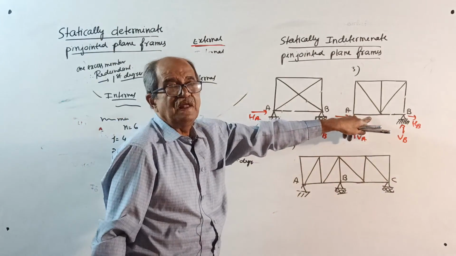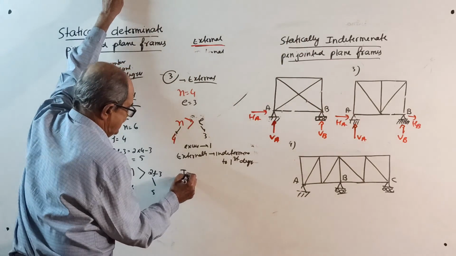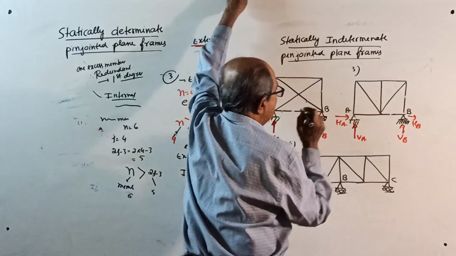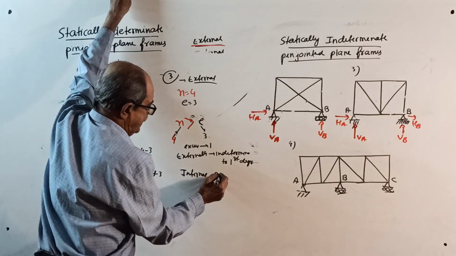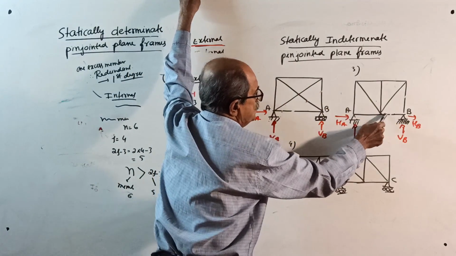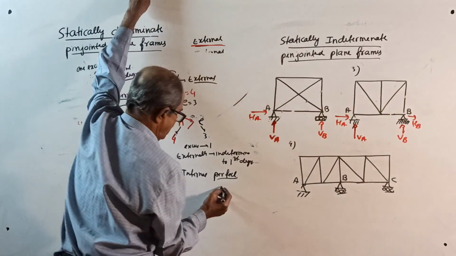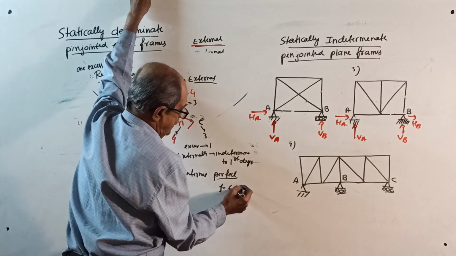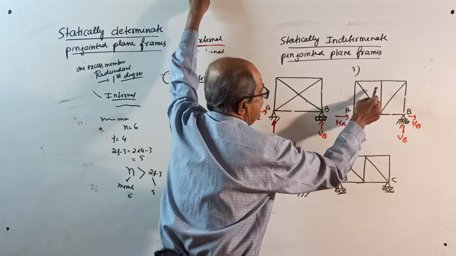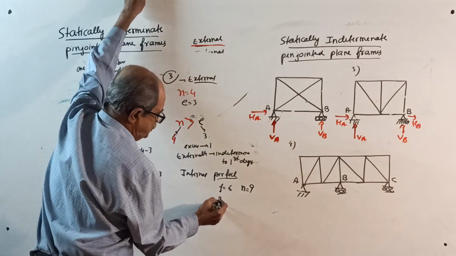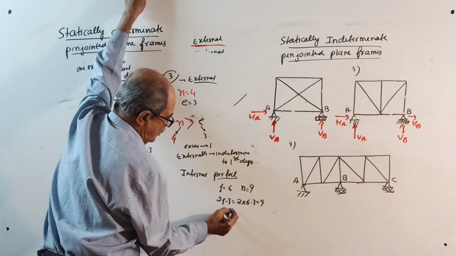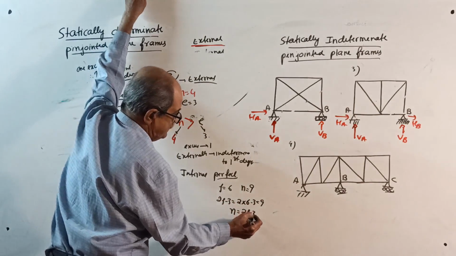Come to internal. Oh, this is a perfect frame. Why a perfect frame? Make a note. The number of joints is 1, 2, 3, 4, 5, 6. The number of members is 1, 2, 3, 4, 5, 6, 7, 8, 9. 2j minus 3 is 2 into 6 minus 3, which is 9, so n equals 2j minus 3.